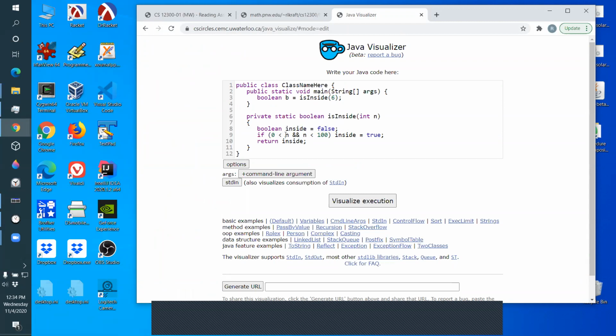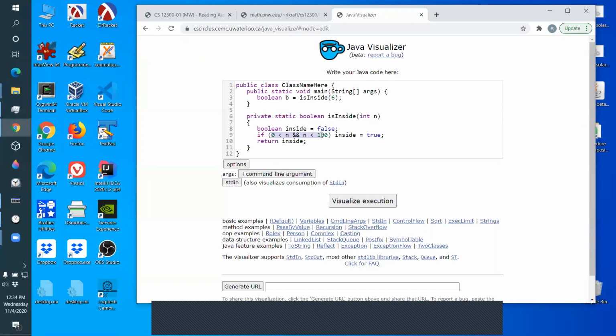Then it says if n is greater than 0 and n is less than 100, then make inside true, because we know now that n is inside the range from 0 to 100. Then it says return inside. Okay, so that makes sense. First, guess that the answer is false. Then check whether n is actually inside the range or not. And if it is, change our guess to true, and then return our guess. Now think about it this way.